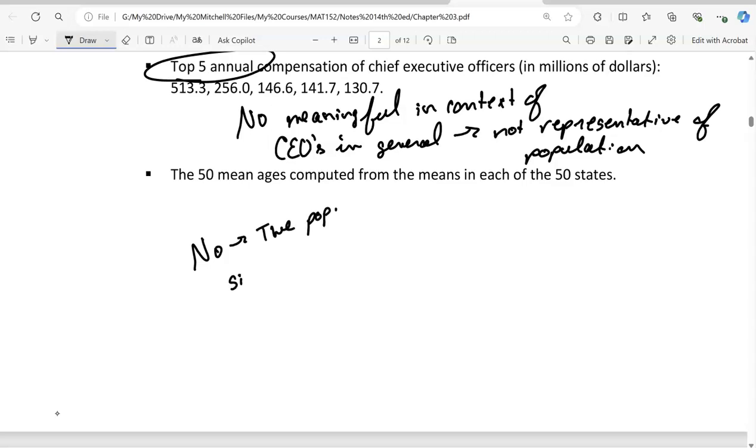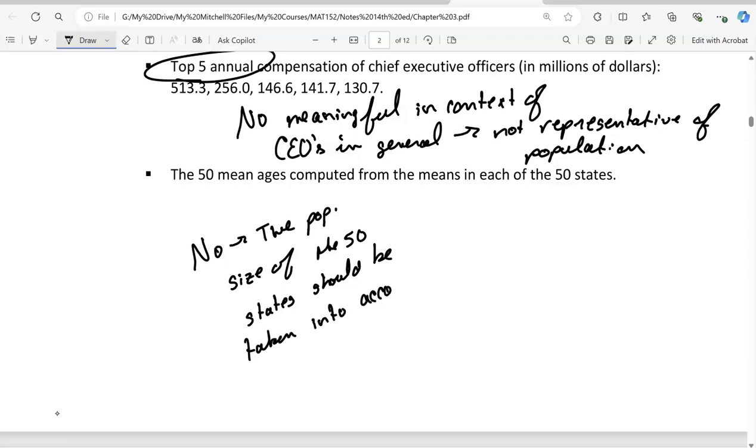So the population size of the 50 states really should be taken into account. Texas probably has more people living in it than maybe Hawaii. And I'm just looking at the average.